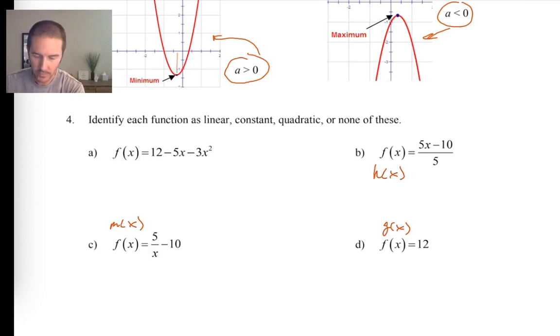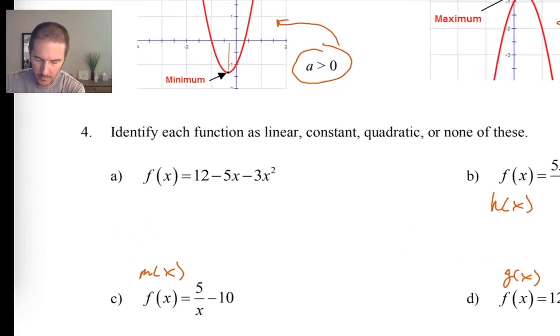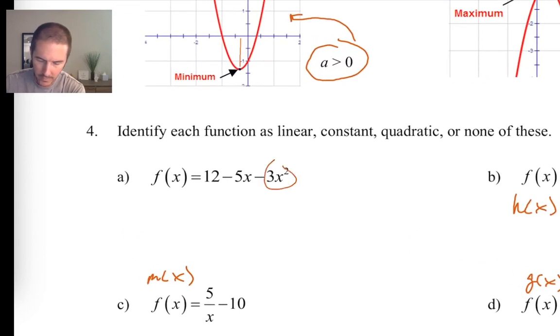In part A, we have a squared term and an x to the first power and a constant value. Even though these terms are written out of order, this function does still have all the components of a quadratic. So part A is an example of a quadratic function.